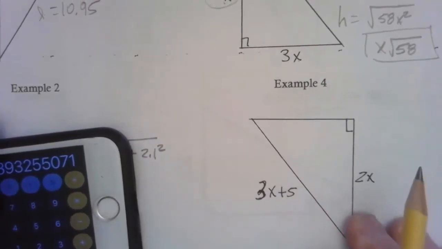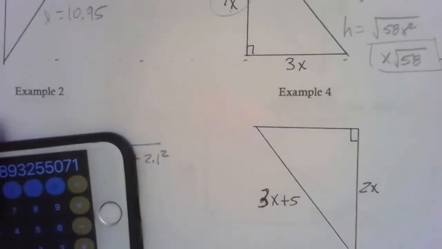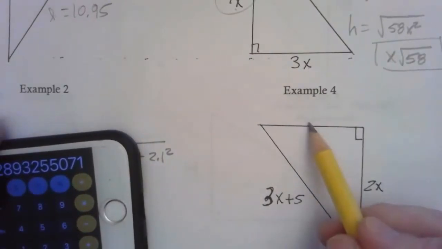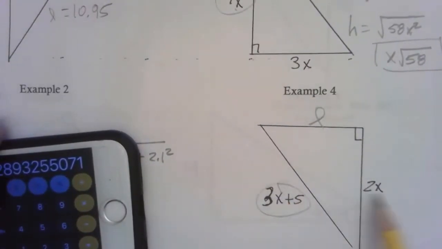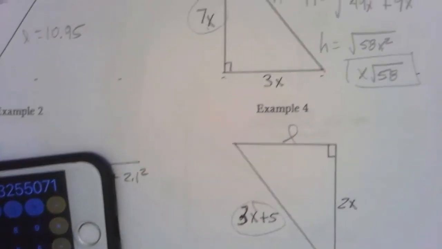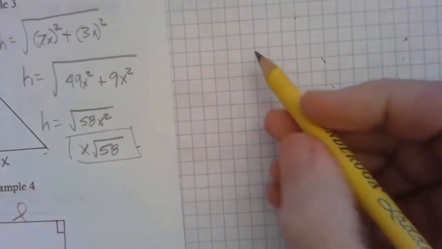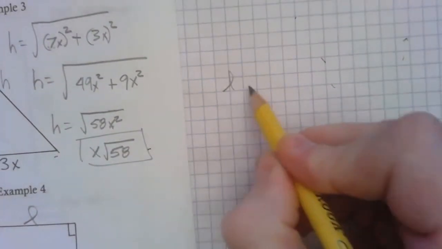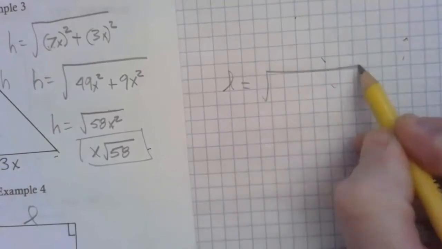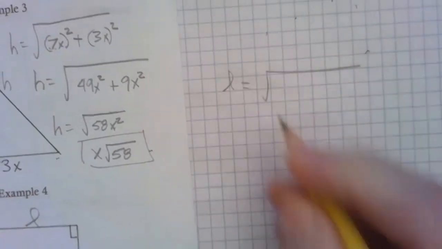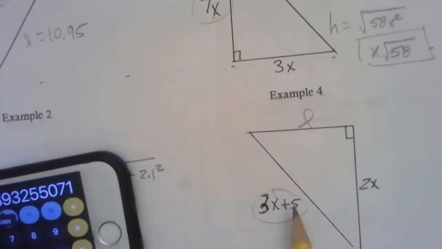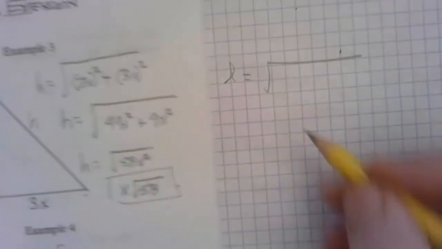Well, here, we may even need to use some scratch paper, because we're looking for a leg. We have the hypotenuse. We have another leg. So our equation, let's go over here, is going to look like the leg equals the square root of the hypotenuse, which is this guy, squared.